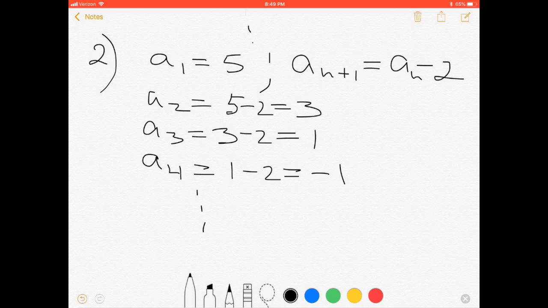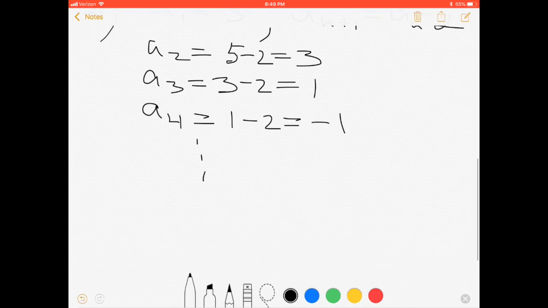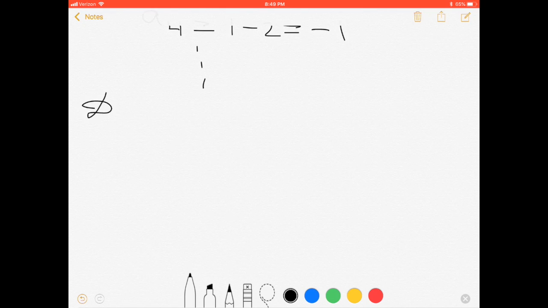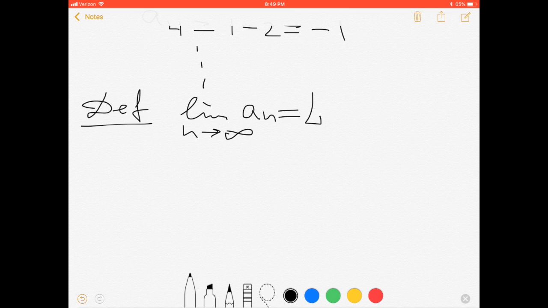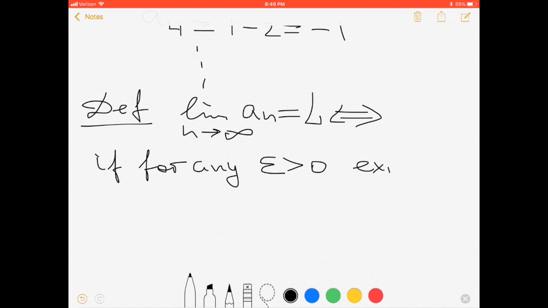When you have a sequence, the question is about the limit of the sequence. And now we have the definition. The limit of our sequence a_n as n approaches infinity equals L. It means that for any positive epsilon there exists a number N, practically depending on epsilon.